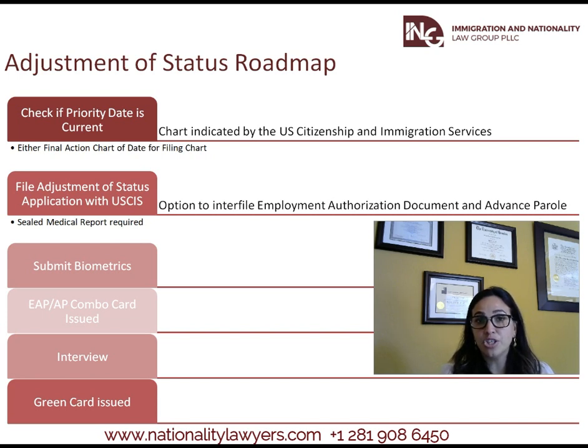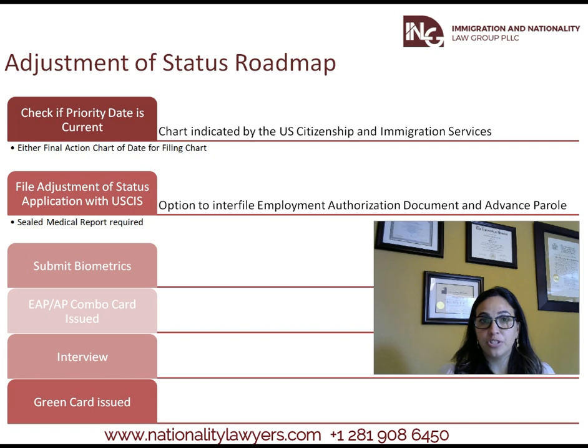After the application is filed, you're going to get an appointment to submit your biometrics. Then, as I said, after 7 months or so, you get your EAD-AP combo card, and at that time you're going to be able to work for any employer and travel internationally. Then, depending on where you filed your green card application, based on your current address in the US, a USCIS field office will have jurisdiction over your case.